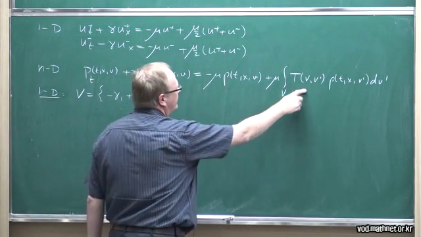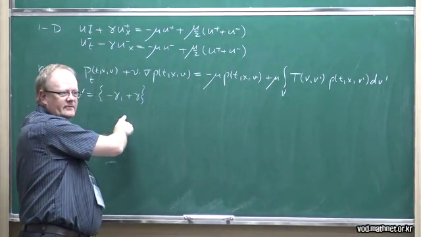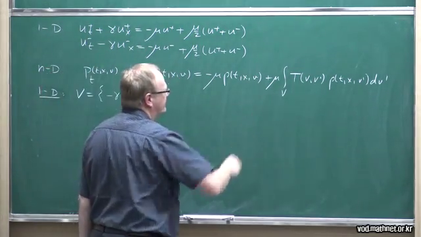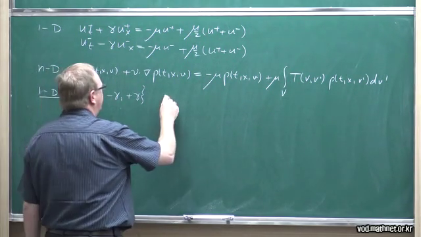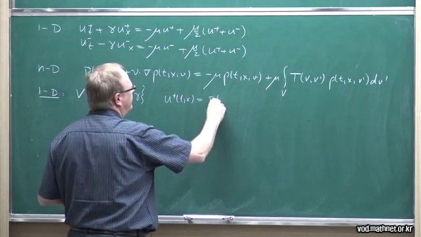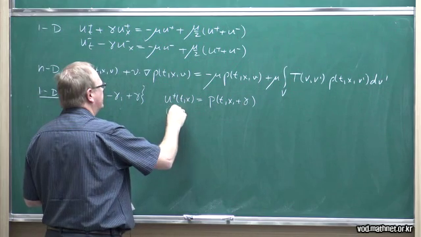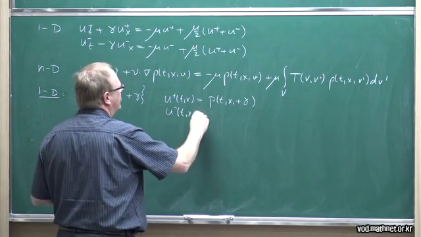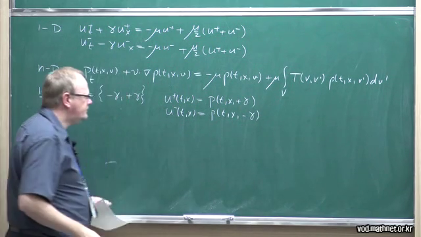Meaning, if you look here already, this integral is really just a sum over 2 elements, right? But I come to this later. Then first, u plus of t and x is of course p of t, x, and plus gamma, right? And then u minus of t and x is p of t, x, and minus gamma.